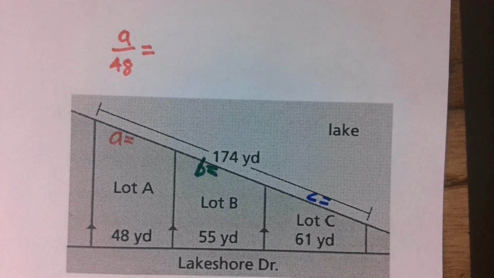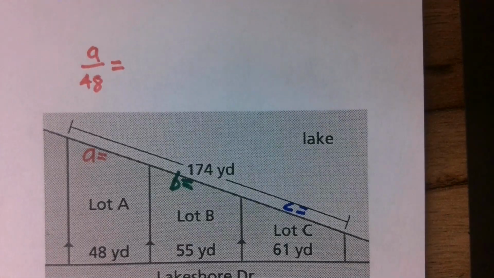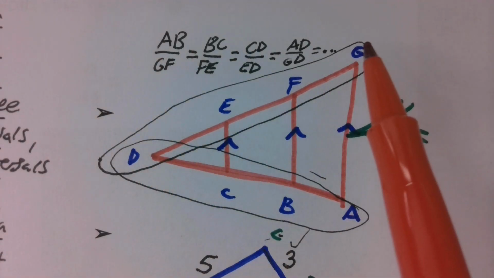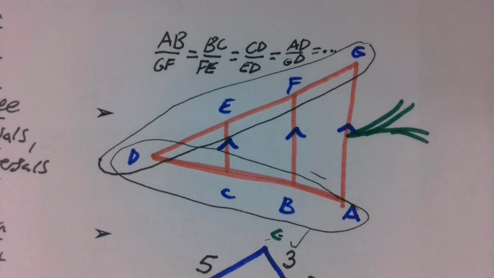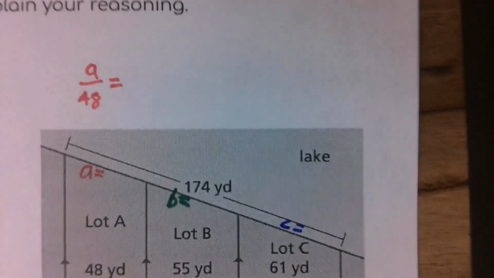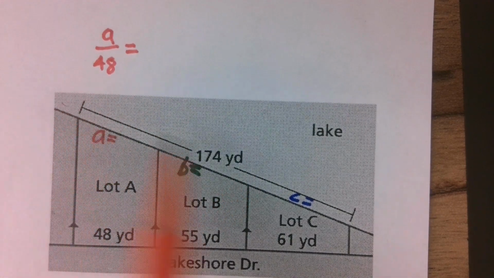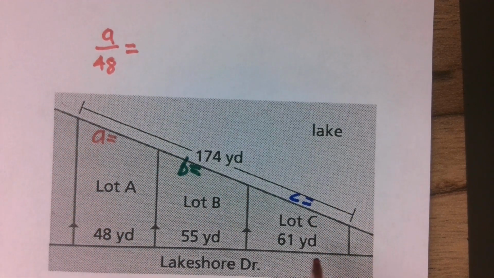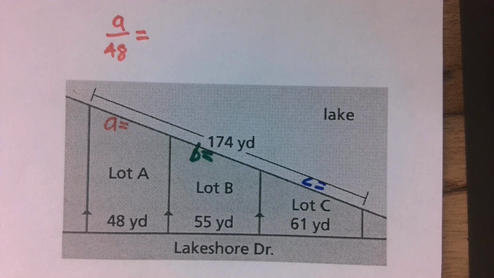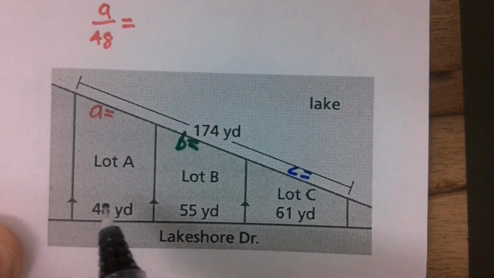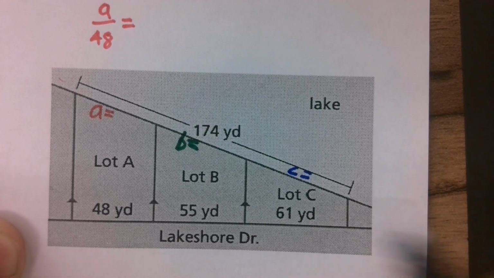Recall that on the front page, when we had this diagram, I also mentioned that the entire length could be compared to the entire length. With these lake frontages, we can find the total length of the lake and the total length of the street. So let's do this. The total length of the street, Lakeshore Drive, is 48 plus 55 plus 61.